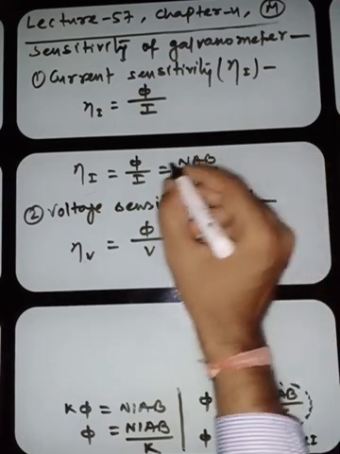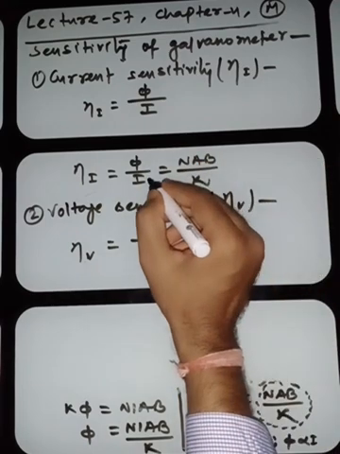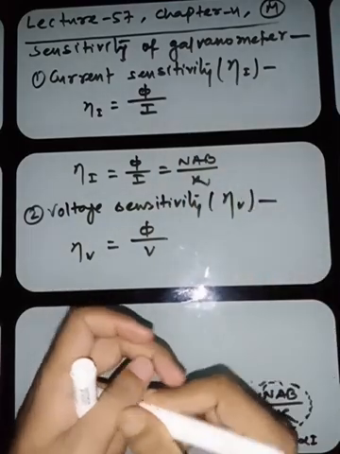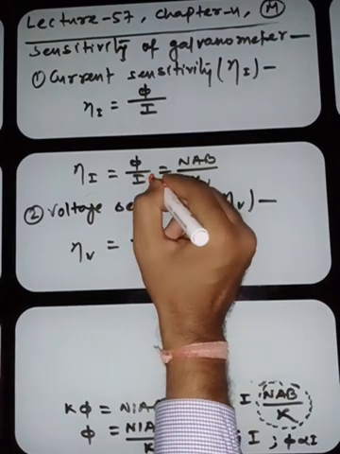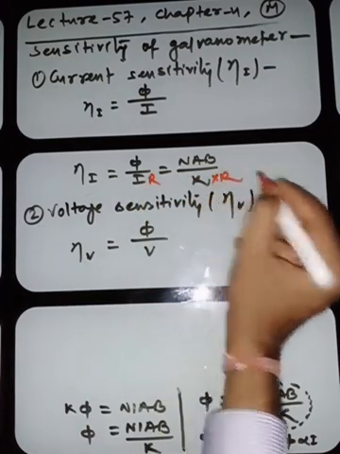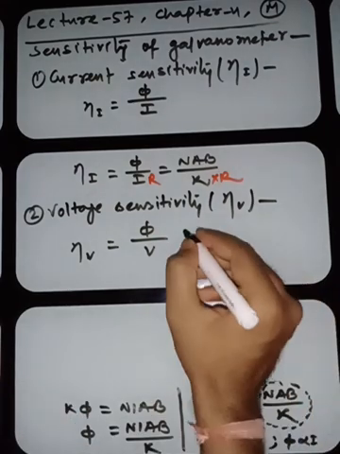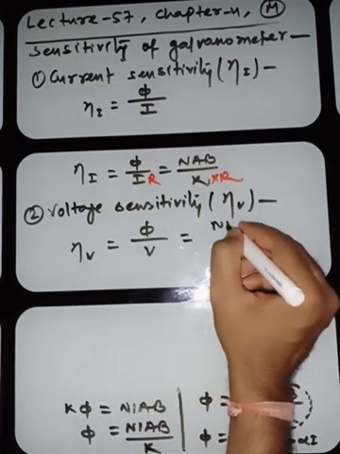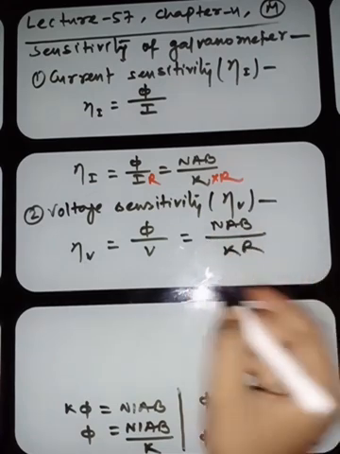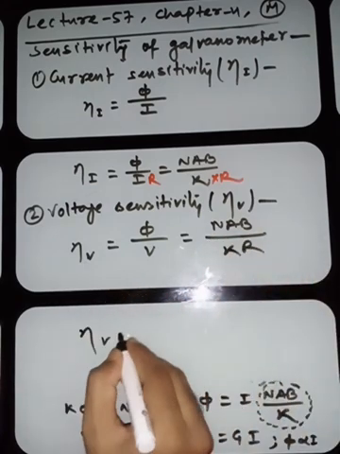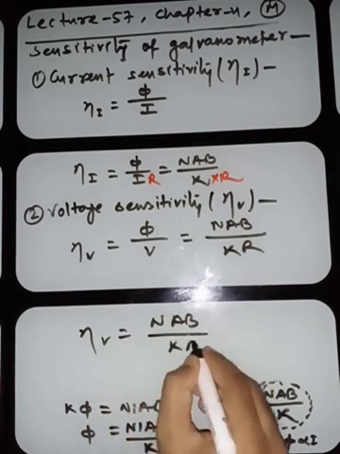We know that V is equal to IR. Multiplying by R on both sides, you will get the voltage sensitivity. It means this will be NAB by K into R.